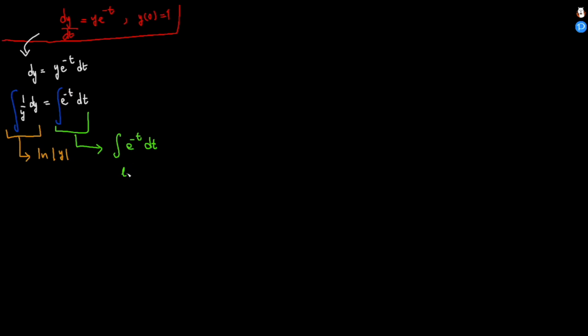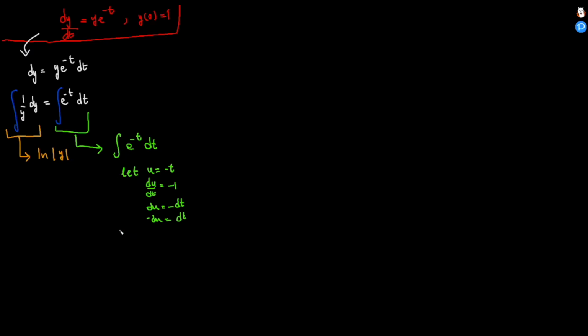So let u equals minus t, then du by dt is minus 1, and du equals minus dt, or in the form that we need, minus du equals dt.